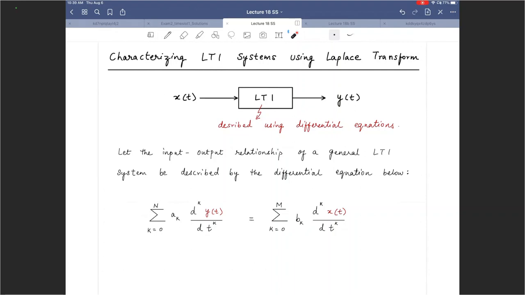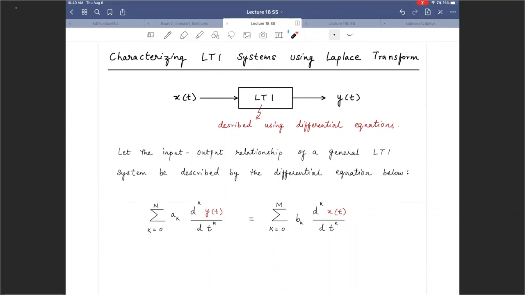You have the kth derivative of y(t) with respect to time, summed for k equals 0 to capital N. So on the left-hand side, you have the zeroth derivative multiplied by a sub 0, plus a1 times the first derivative of y, a2 times the second derivative of y, a3 times the third derivative of y, and so on up to the Nth derivative of y multiplied by a sub N. That's a very generic way of writing that differential equation.